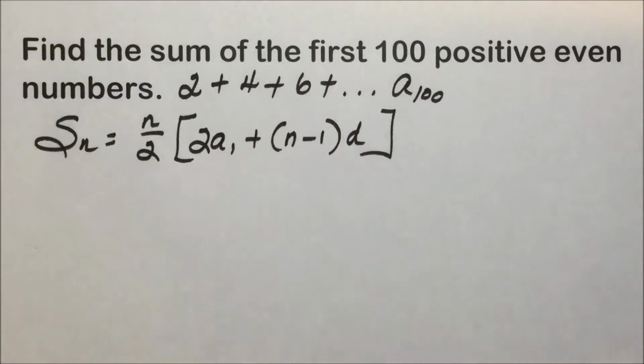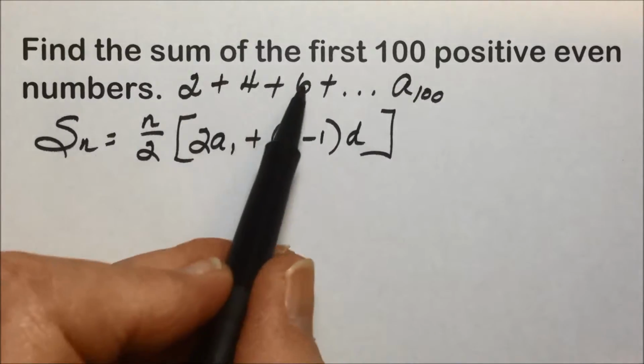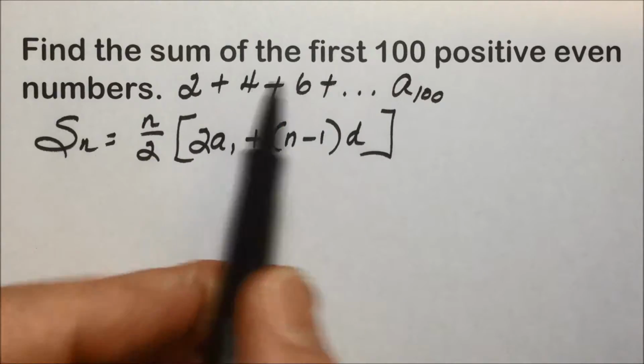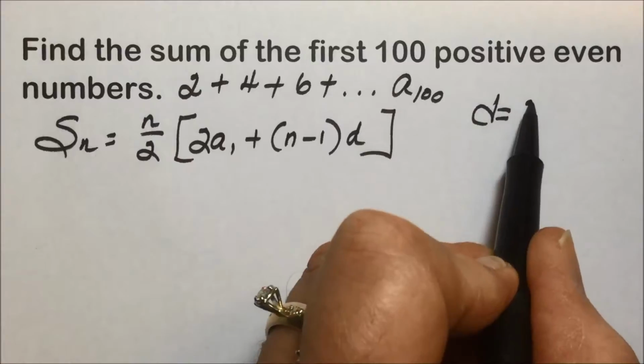We don't need to know exactly what that 100th term is. We have a common difference of 2: 4 minus 2, 6 minus 4 gives us a common difference of 2.